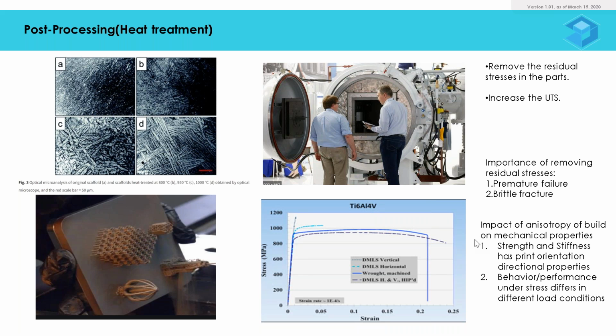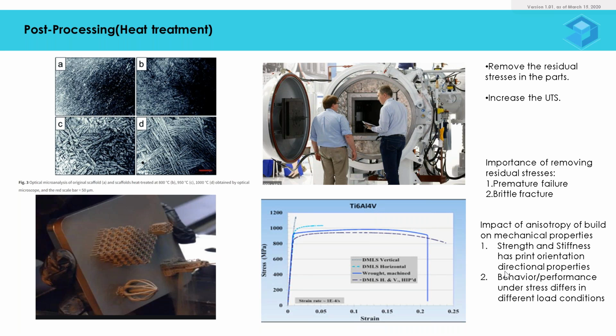We need to do that in order to avoid crack initiations and those sort of failures because of prolonged fatigue and all. Similarly, we need to think about how anisotropic properties can lead to that sort of failure.